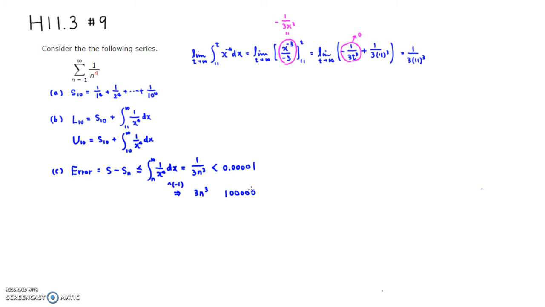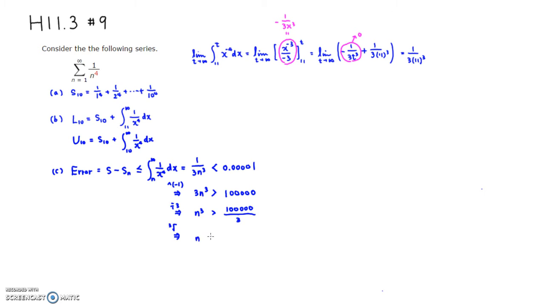When you take the reciprocal, we have to change the direction of the inequality. Then we divide through by 3, so n cubed is greater than 100,000 over 3. Then we can just take the cube root of both sides.